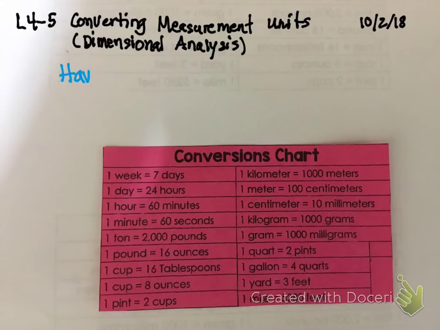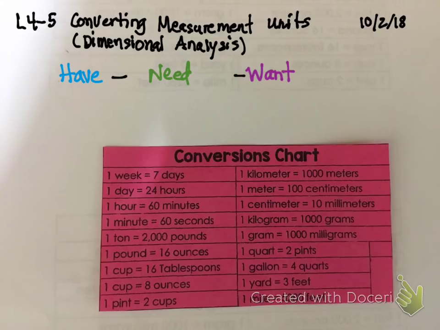Have, and we're going to end with want. And to get from what we have to what we want, we are going to need something. And that need is what is in that chart below.